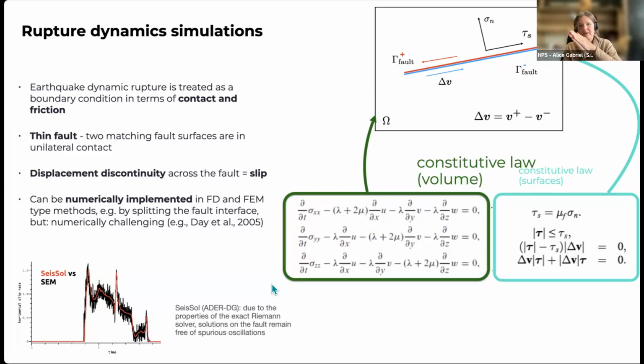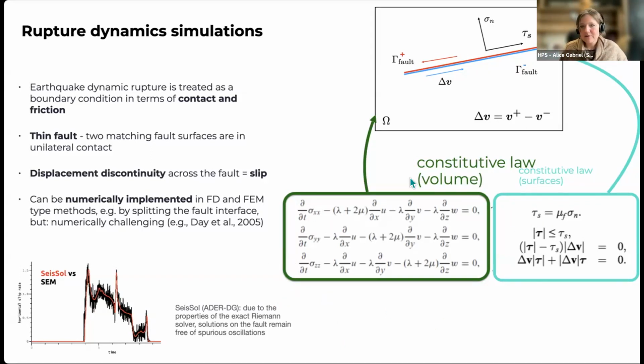That means we don't treat this interface as one defined entity, but we're splitting it. And then these split nodes have to communicate with each other, exchanging information related to the rupture dynamics. In SeisSol, we do this a little bit differently. The friction law is implemented via numerical fluxes, which has some advantages in terms of not needing to damp any high frequency oscillations, at least with the specific numerical flux that we are using.